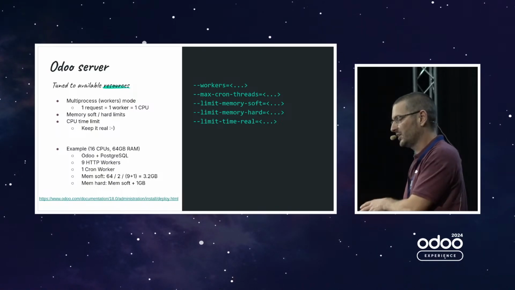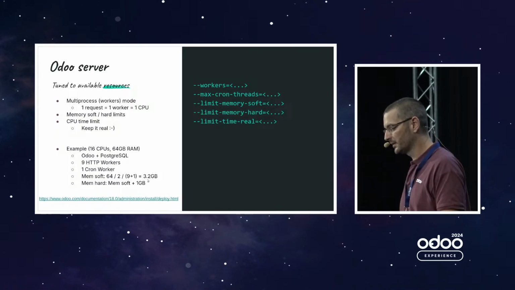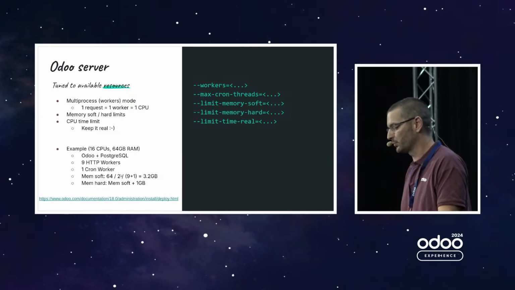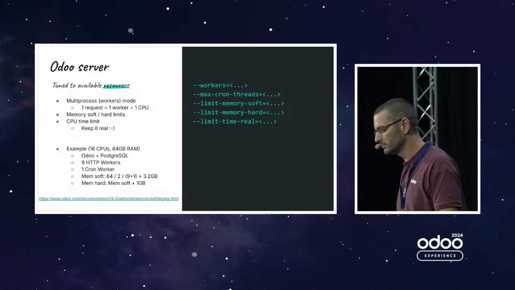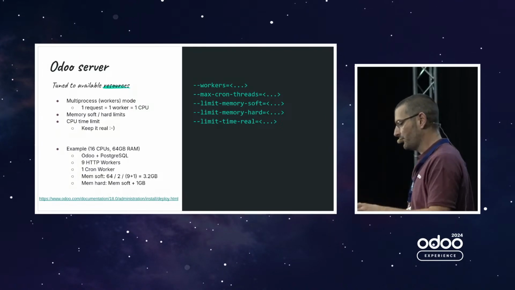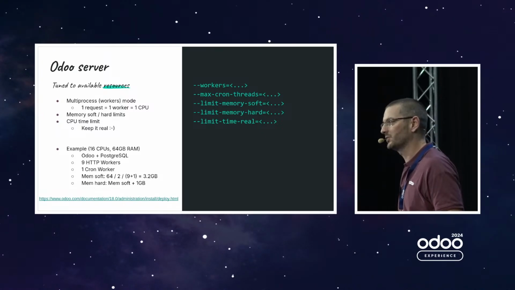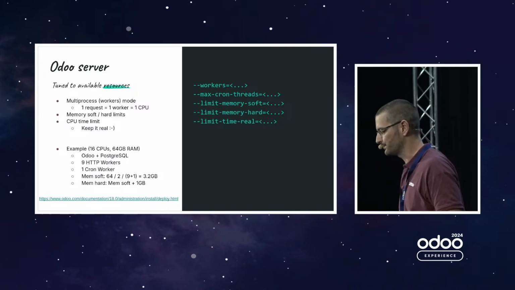We have 6 for Postgres. Each worker can take 3.2 gigabytes of RAM, so that makes for 10 workers half of the RAM dedicated to Odoo. And that gives you an idea of a fair resource allocation, let's say, for installing everything on one server.